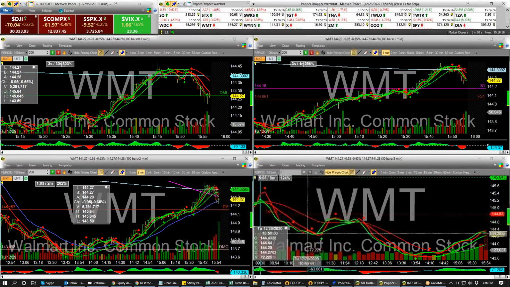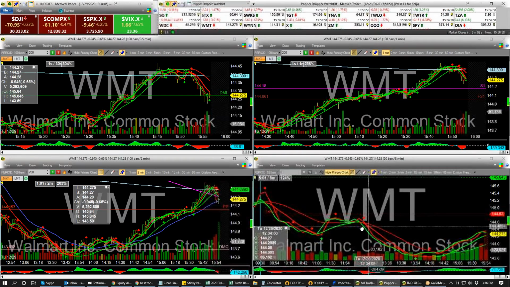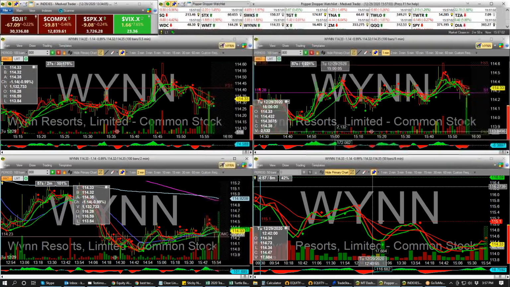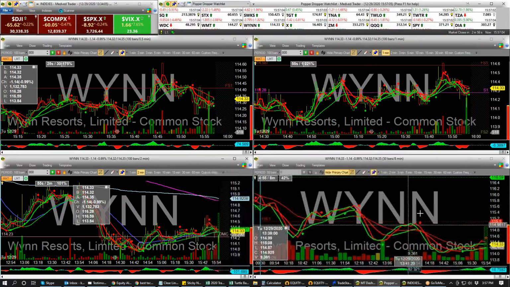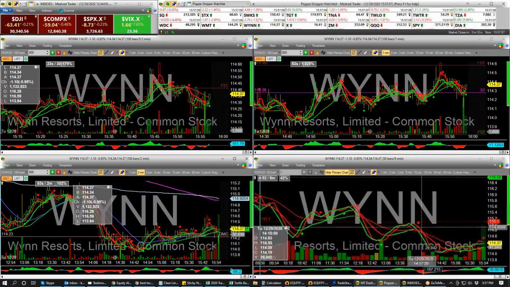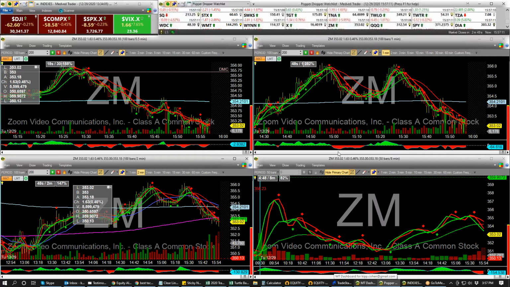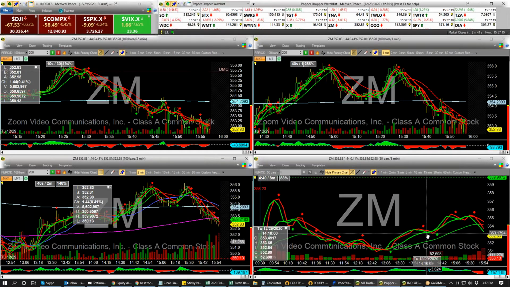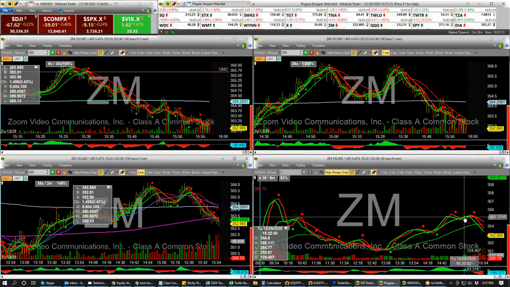Walmart, mostly short, went back and forth, short then long, then short then long. ZM, right long at the open, but then went red most of the morning, and then midday starts cycling back into the green and stays green till just a little while ago.